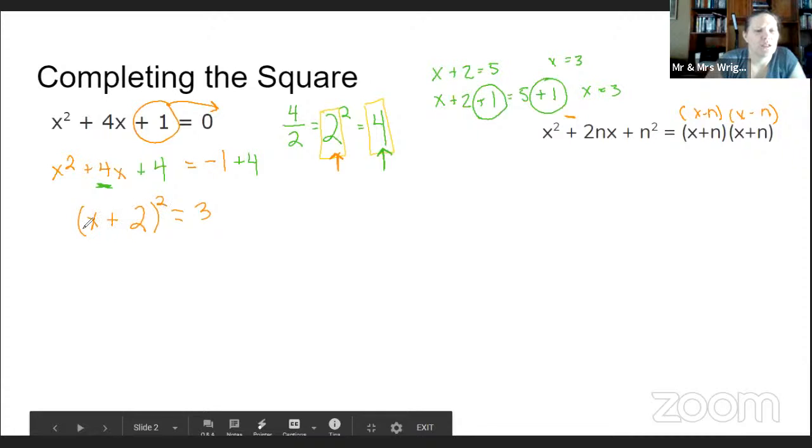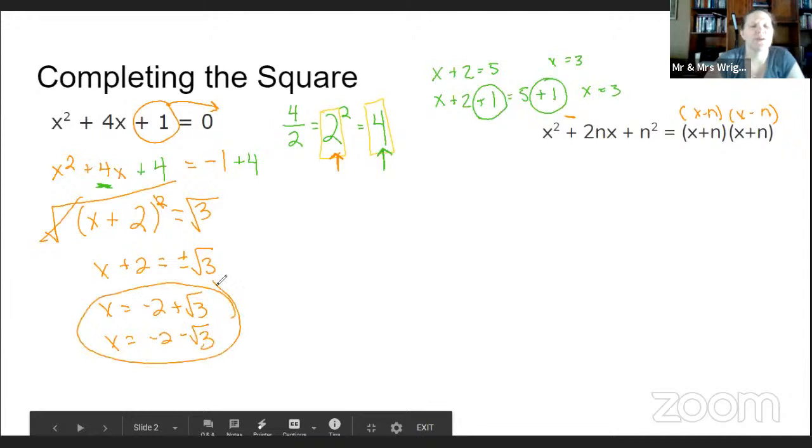And now we need to undo the square by doing the square root. So we've got x plus 2 equals plus or minus square root of 3. That's prime, I can't reduce that anymore. It's just an irrational number. So I've got x equals -2 plus square root of 3, and x equals -2 minus square root of 3. And those are going to be my exact answers.